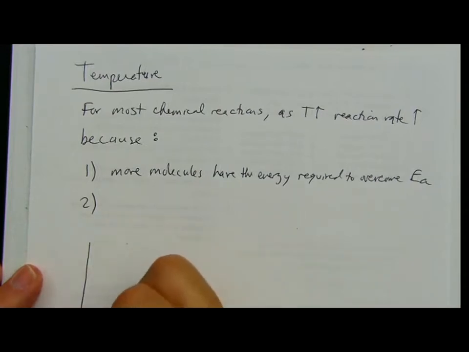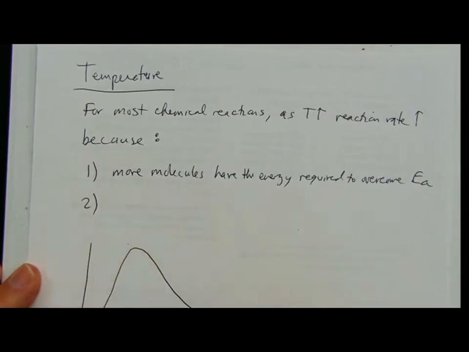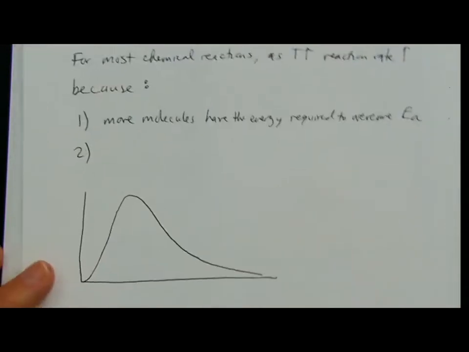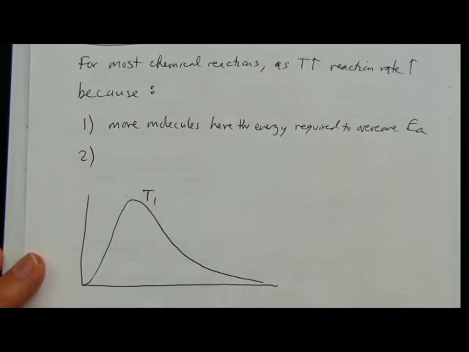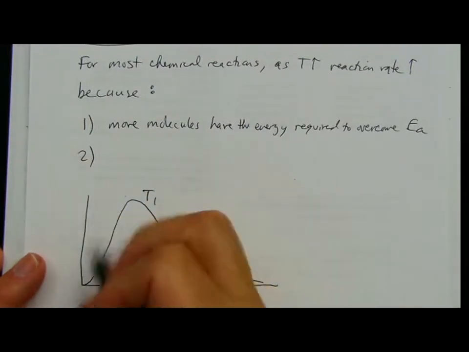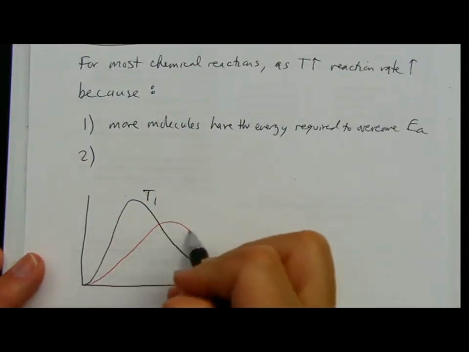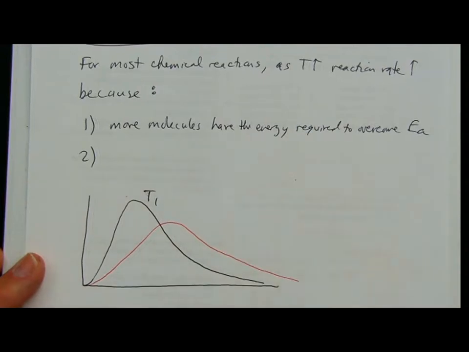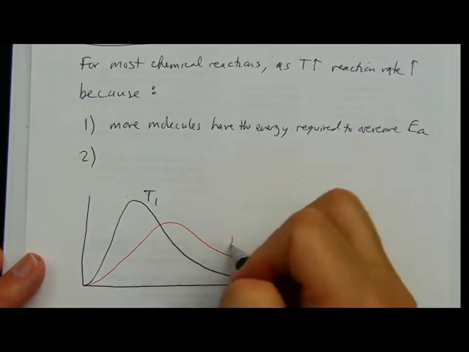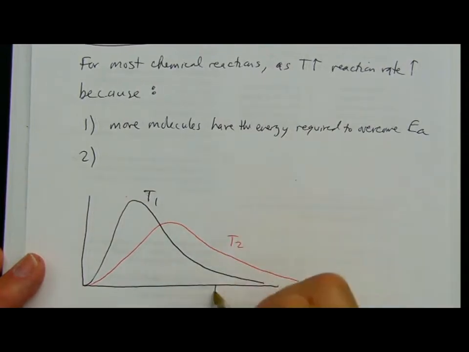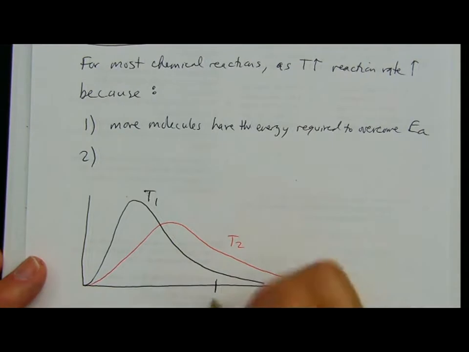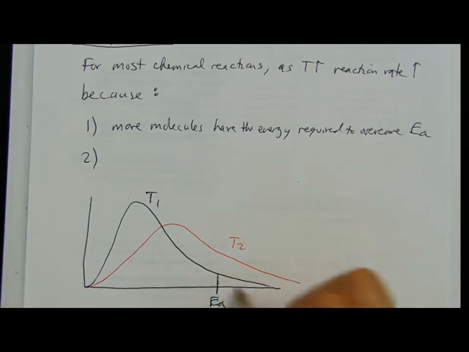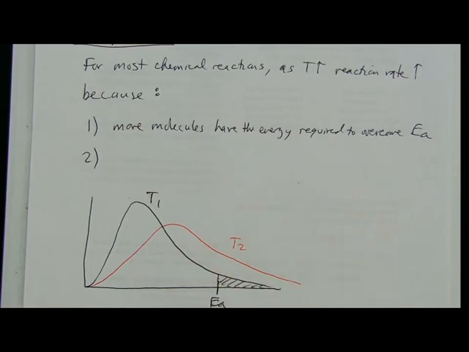You have a Boltzmann distribution. So this is temperature 1. And as you increase the temperature, that's temperature 2. And let's say that's the activation energy right there, E sub A. At the lower temperature, that many molecules have the necessary energy to overcome the barrier.